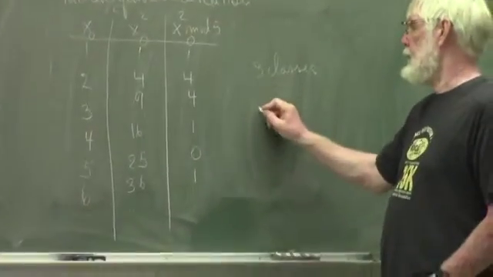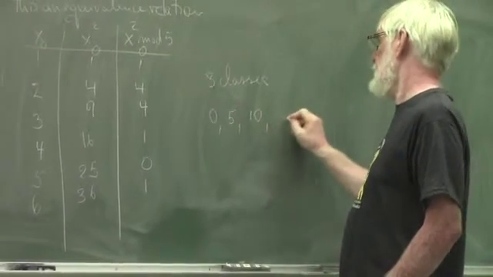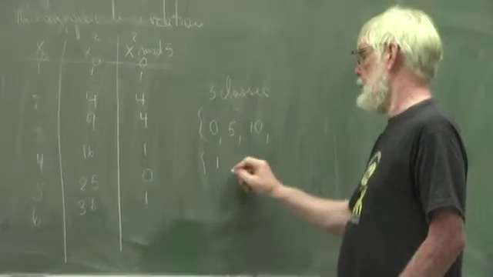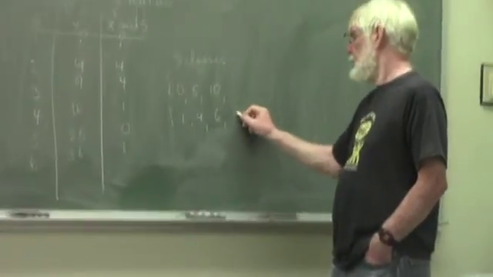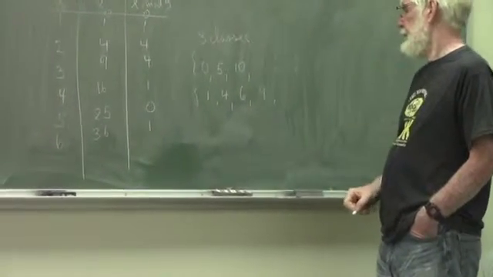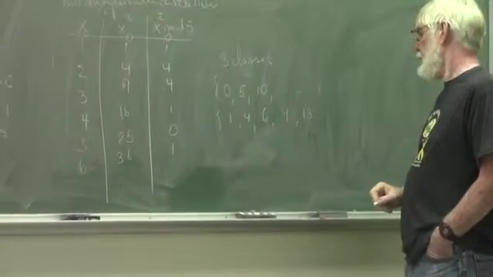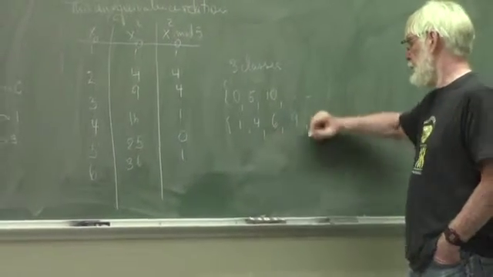So, one class is 0, 5, 10, and so on. Then we have 1, 4, 6, 9, 11, 14, 16, right?